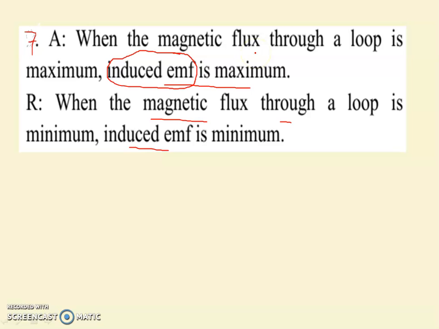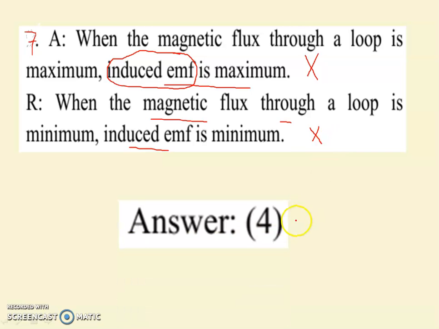It does not depend on the magnetic flux itself. So the assertion is wrong and the reasoning is also wrong. So the answer should be option D or 4, right? The fourth one, both assertion and reasoning are wrong.